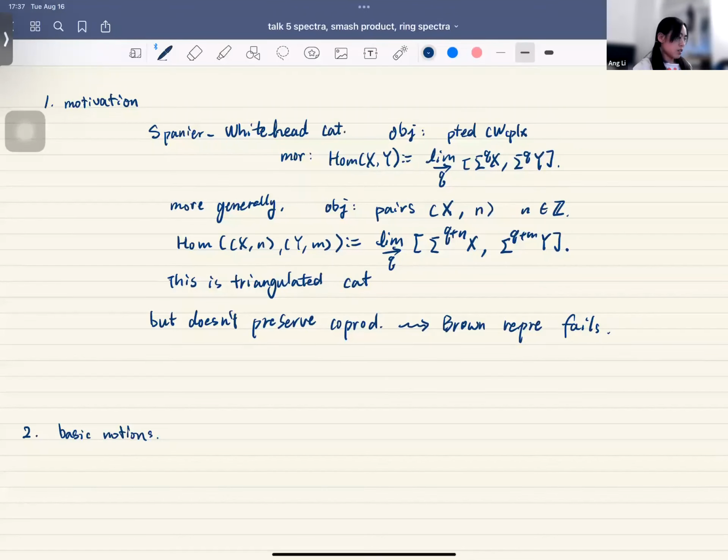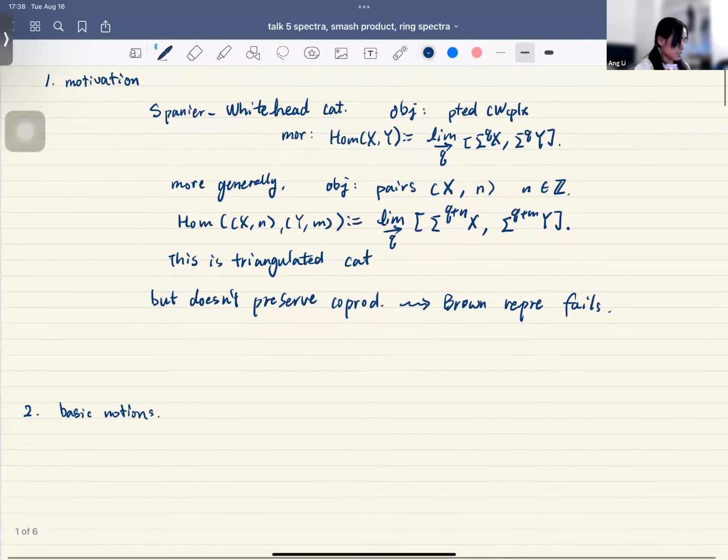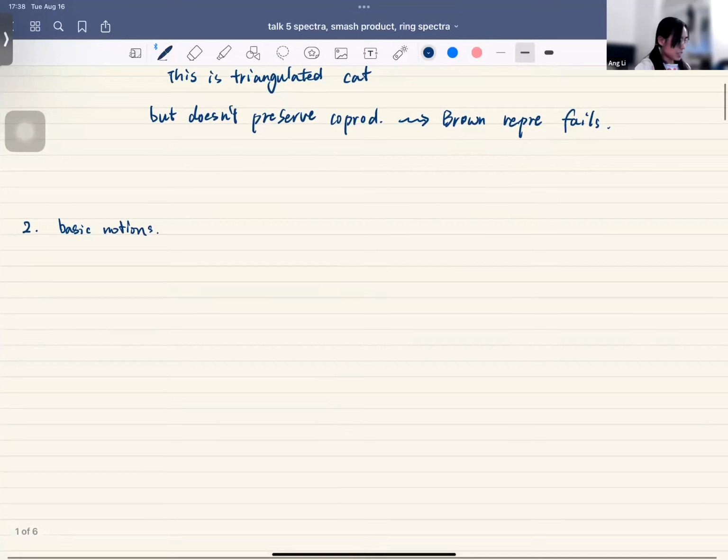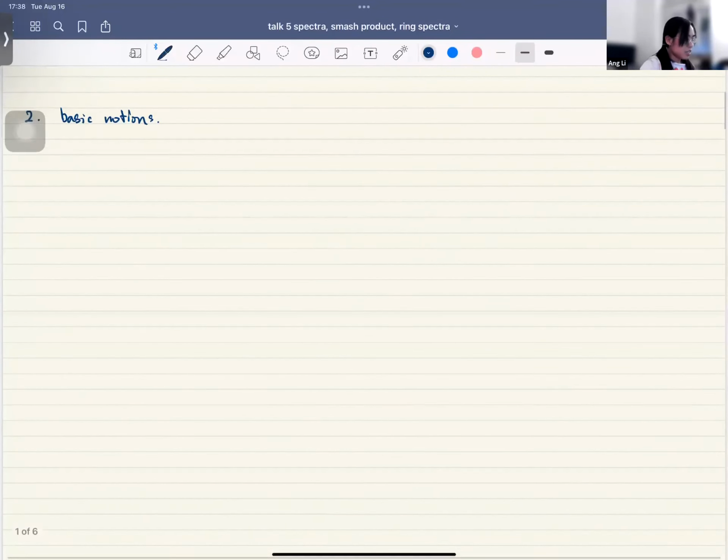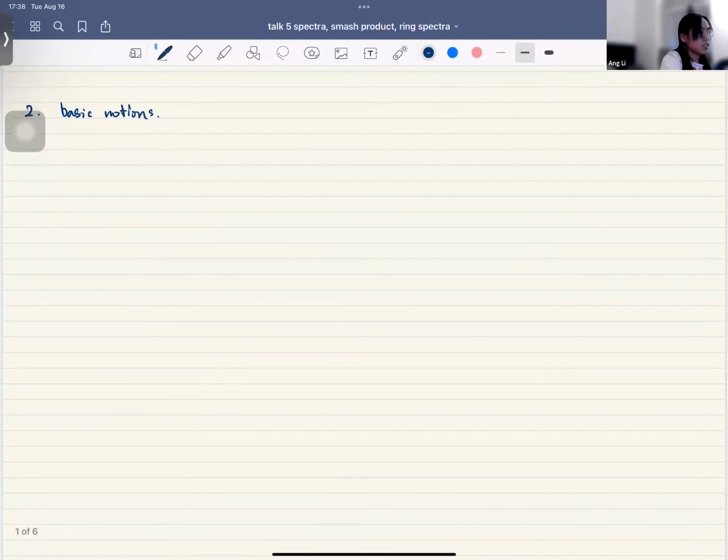Okay, so this category apparently is not good enough. And we want to find a good category, so let's move on and see how we can approach that good category.